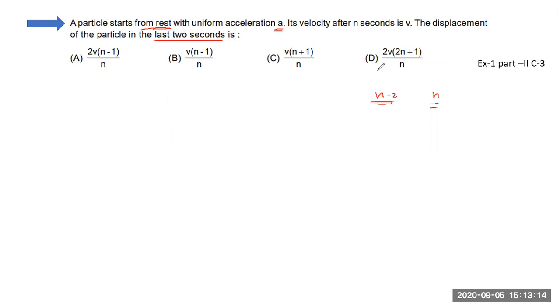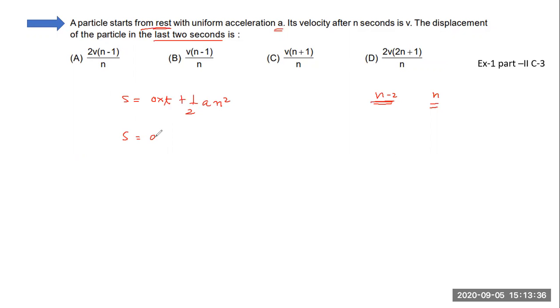All right, so I can do it in various ways. One way is, we know that at any point of time, distance is given by ut plus half at square. Starting from rest, ut will be 0, because 0 into t. So half a t square, that is, at n seconds, how much will be the displacement?